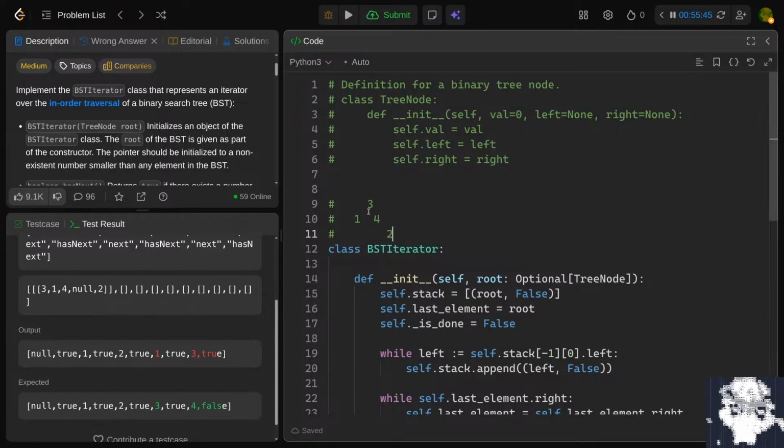No, because then we would return 1, 3, 4, 2. So it must be that 2, 3, and 4 are something like this, because then we would return 1, 2, 3, 4.